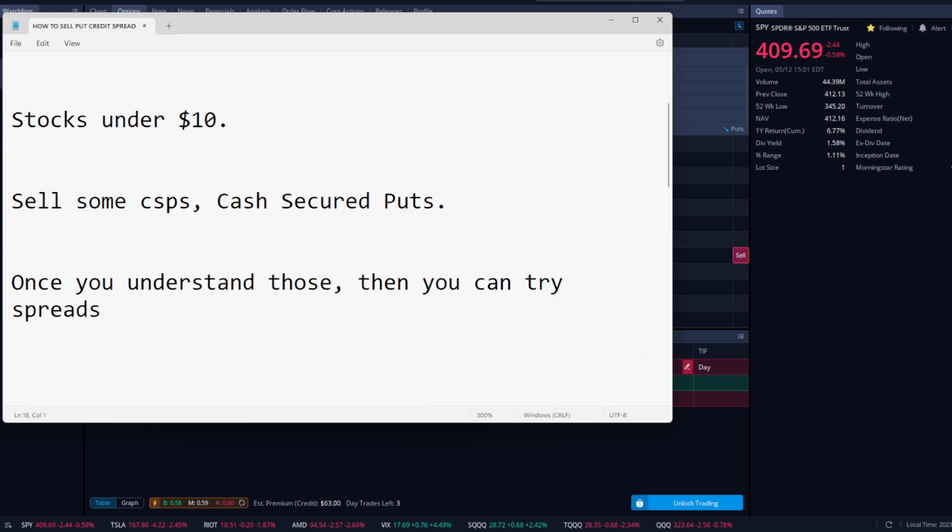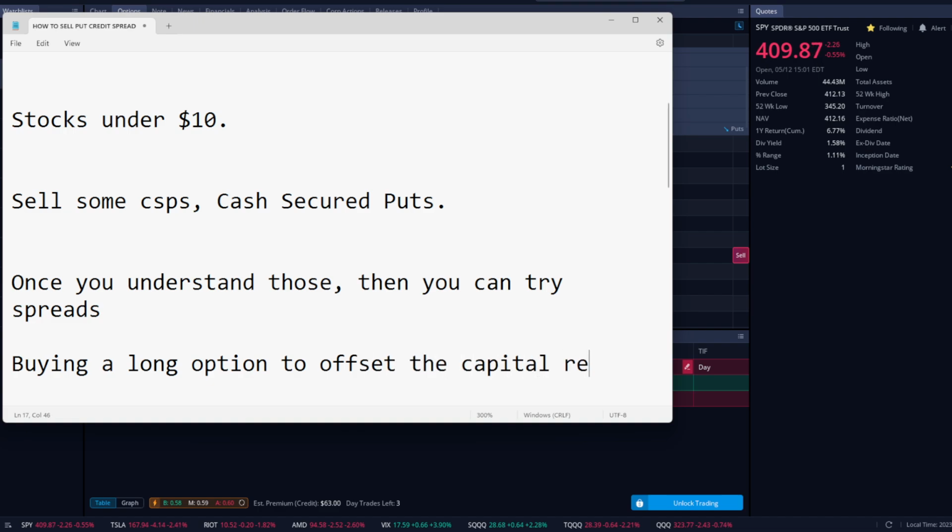Once you understand the concepts of a cash secured put, a covered call, whatever that is, just selling those options, then you understand how much capital it takes to just enter that leg. And then it would make sense thereafter to offset that capital by buying insurance, right? Or buying a long option, a long option to offset the capital required.